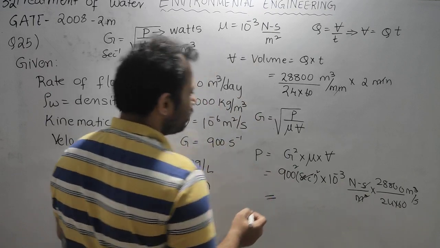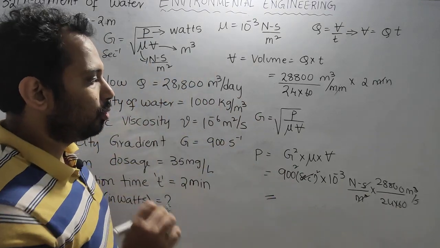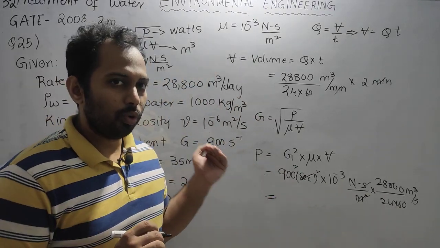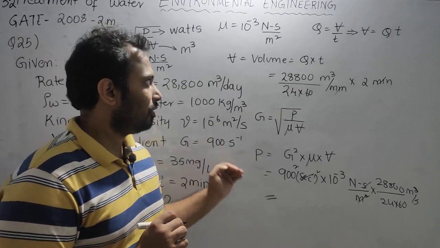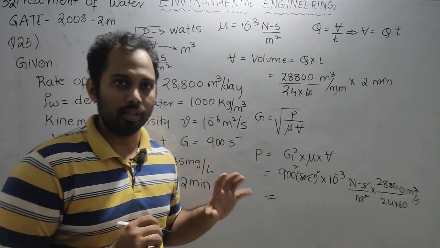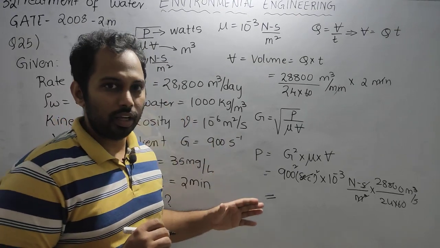Why I am stressing this much on units is, many of us know the formulas and all, but many of us commit mistakes in the conversion of units. So we need to be very much clear about units.